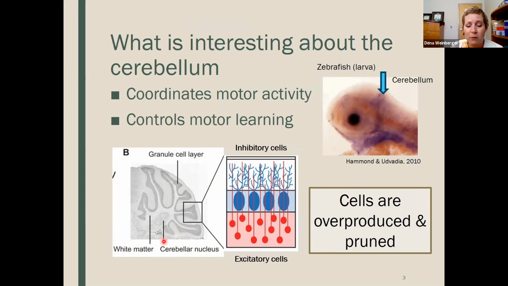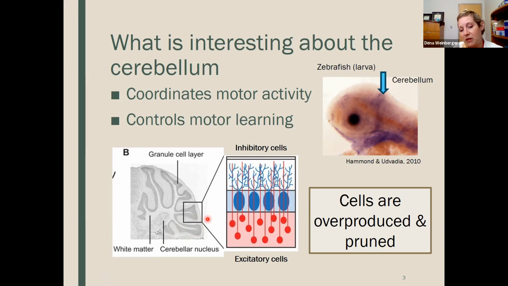There's a really cool foliated structure in us and rodents that has the most famous roles of coordinating motor activity and controlling motor learning. It has this very stereotypical anatomical structure, where we have layers of excitatory cells and layers of inhibitory cells, and then a layer where they're all making their connections. The zebrafish has obviously a much more simplified version of this mouse one right here, but it follows the same patterns.